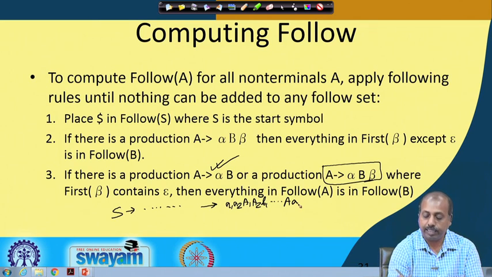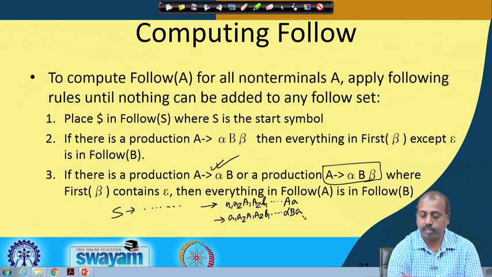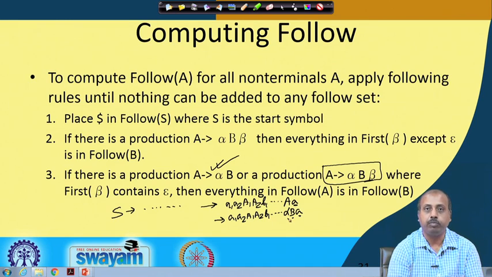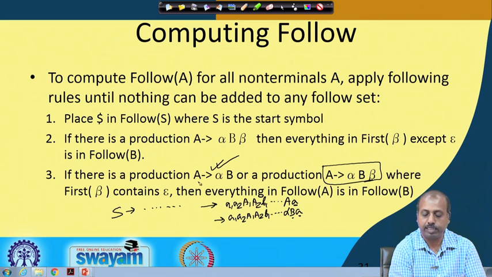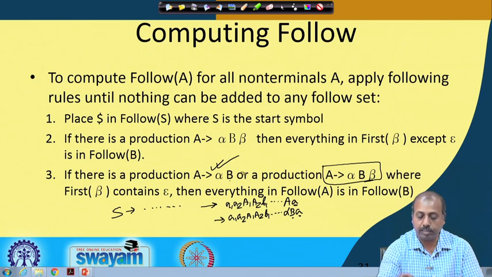Then in the next production, this A may be replaced by alpha B, so this string will get transformed into something like alpha B followed by small a. That means if small a can come in the follow of capital A, then small a will also come in the follow of capital B. That is obvious, because in the next stage I can replace this A by alpha B. So whatever symbol was following A will now follow B.